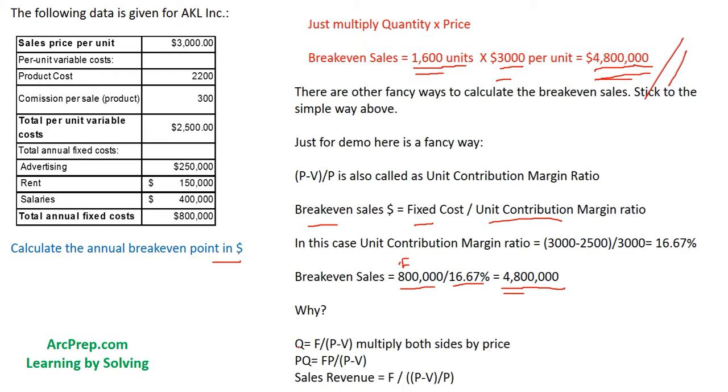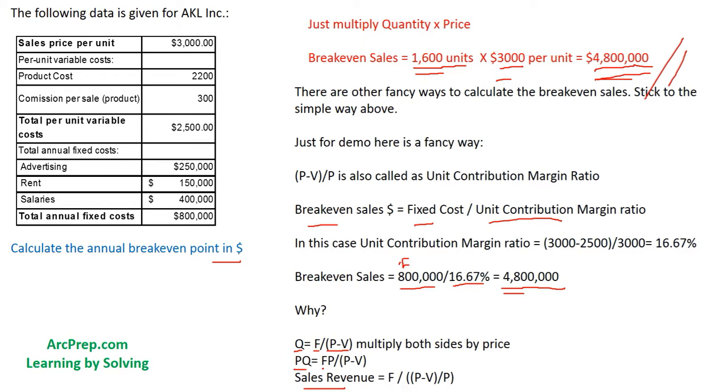What's happening is, our quantity, just like we calculated, is fixed cost divided by contribution margin. This is, again, at break-even, where profit is zero, and if I rearrange and solve for quantity, this is what I get. Multiply each side by price, and you are going to get the sales revenue.